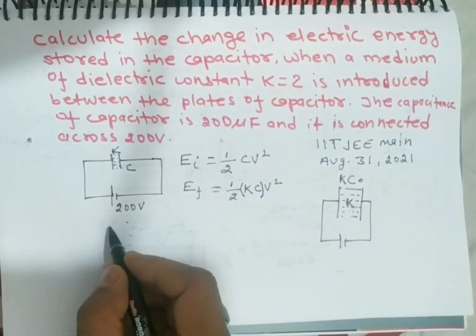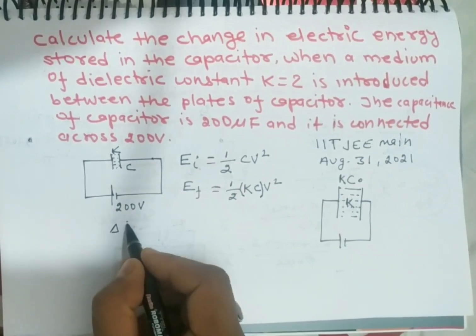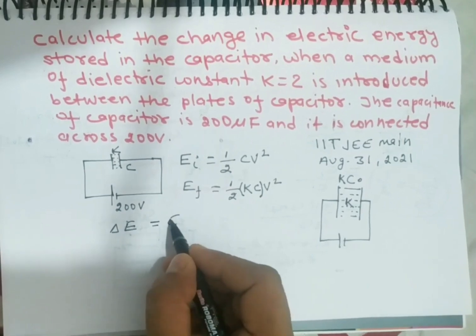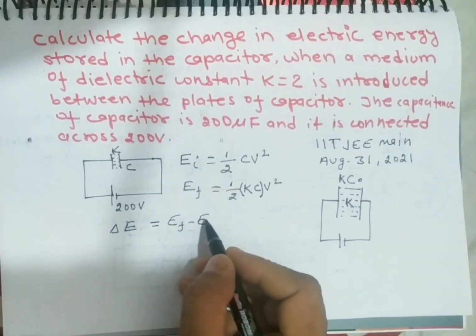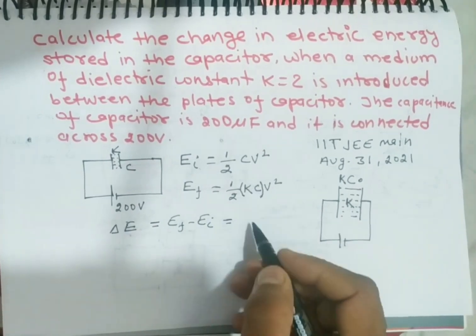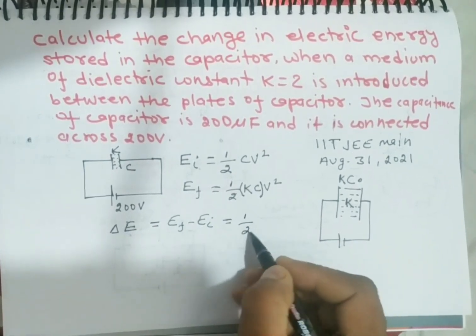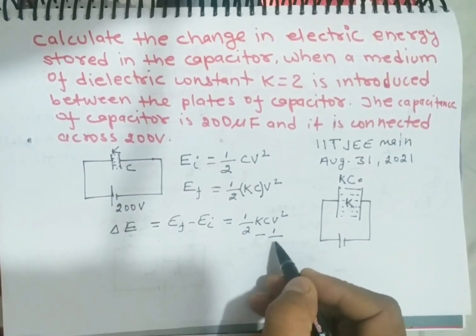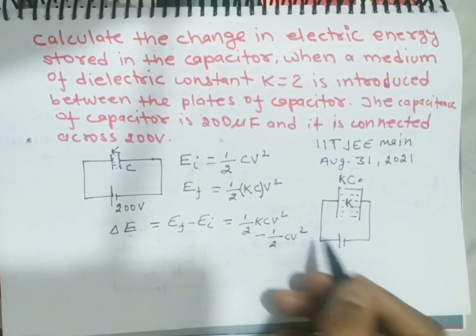Okay, so the change in energy stored will be E final minus E initial, and just put the values: half K CV square minus half CV square.